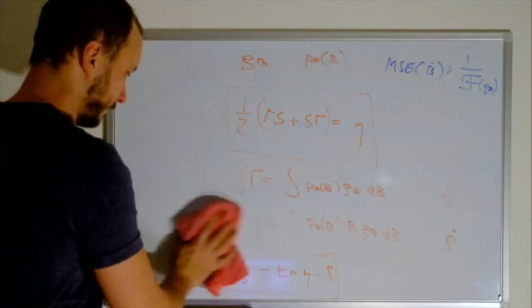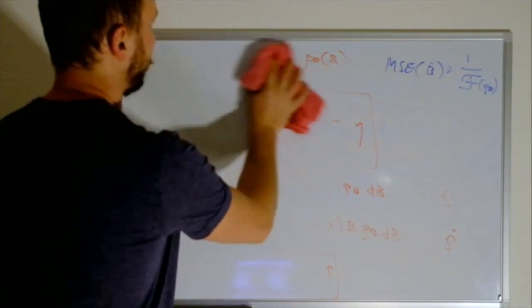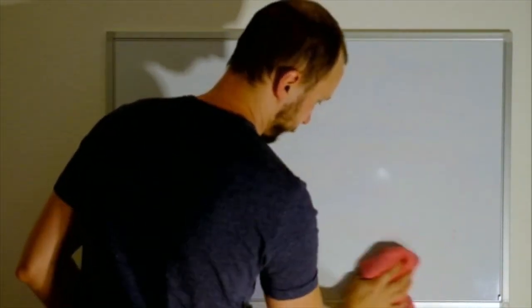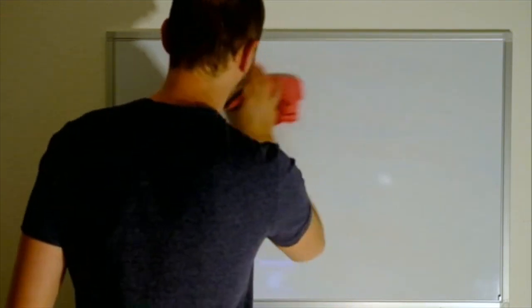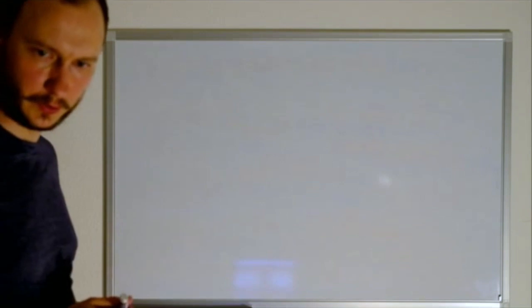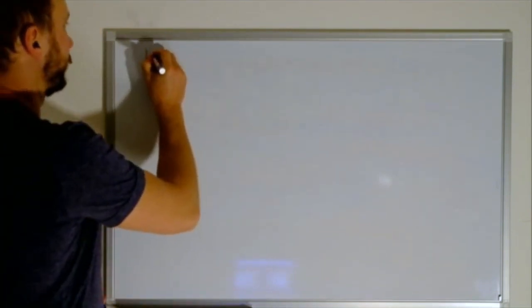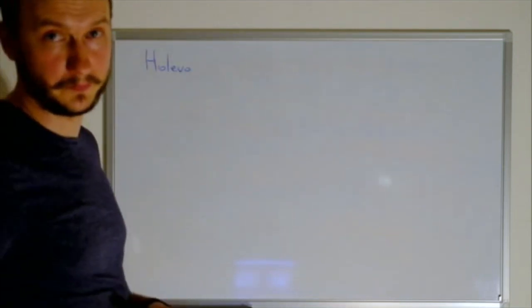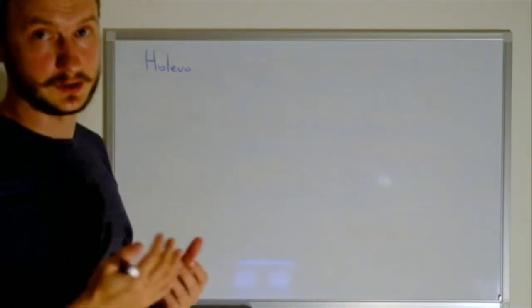And for this we need a tool from last semester. Okay. So actually, what we're going to do now is we are going to use the Holevo bound, which we've seen last semester, and we will interpret it in the context of quantum estimation, right?